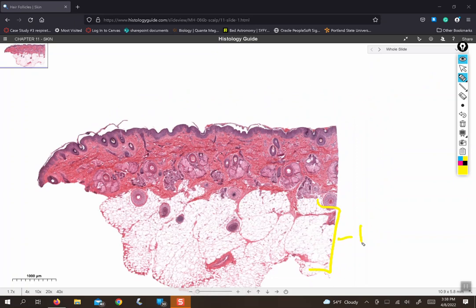And you can see it's very distinct from the dermis, which is here. Very obviously different tissue because, again, adipocytes store triglycerides, and triglycerides do not like to pick up either hematoxylin or eosin, so they don't pick up stain very well, which is why the hypodermic fat appears stainless.